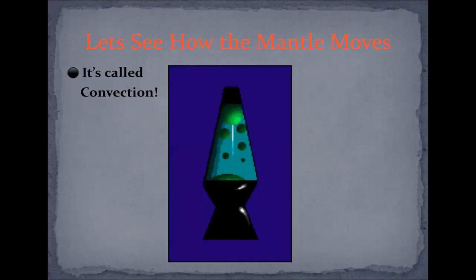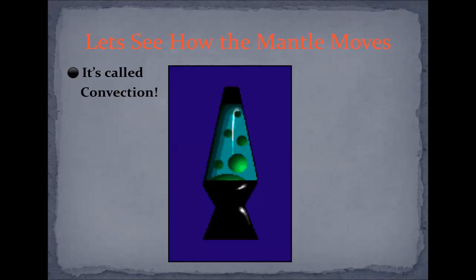So this is how the mantle moves. It moves much like a lava lamp. Anybody familiar with a lava lamp? Okay, so this is called convection. So what essentially is happening, those globs that get warmed by the light in the lava lamp are going to rise to the top, and then the ones that are cool are going to sink to the bottom.